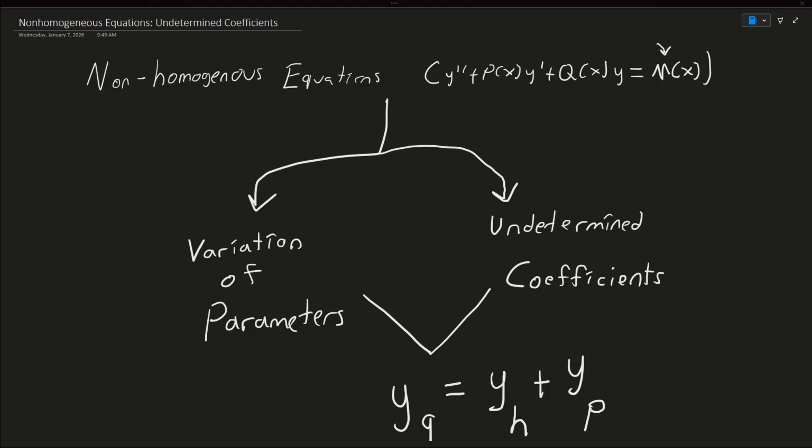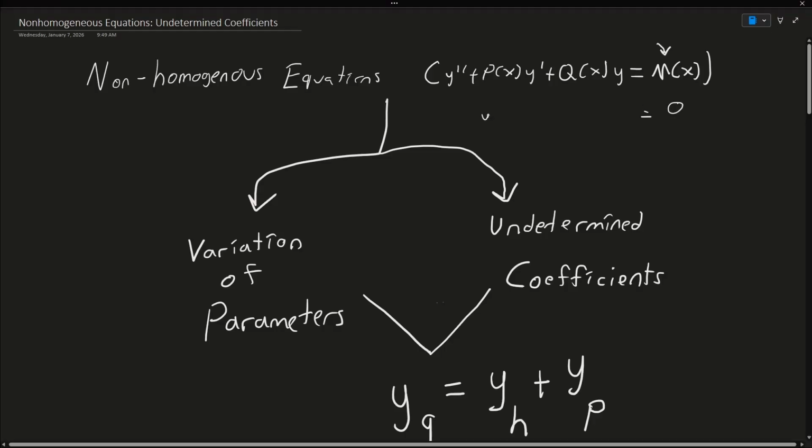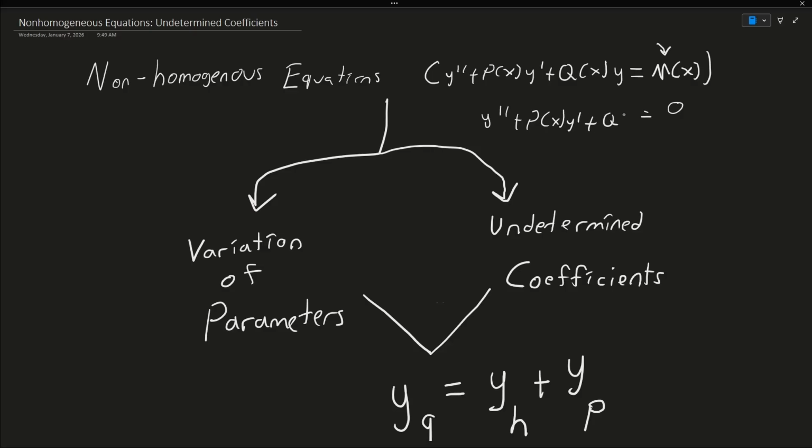Now, a brief description of these methods: our general solution for the non-homogeneous equation is built up from an addition. We find our y homogeneous. And y homogeneous is basically treating this equation as if the right hand side is equal to 0. Write the same equation, y double prime plus p(x)y prime plus q(x)y. Imagine you have this homogeneous equation. Now if you have this equation, it's actually pretty simple to solve.